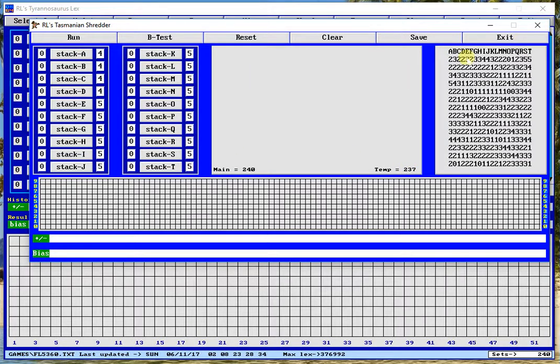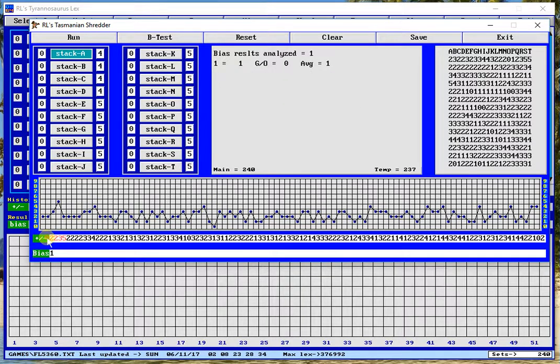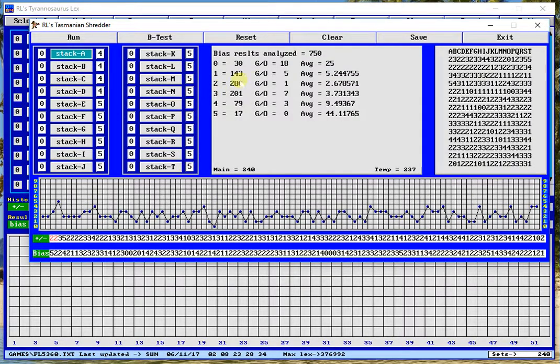These are basically the stacks of what has previously hit. So the stack filter A, if I push it, I can look at the bias on it the same way. This is a filter. So whenever I look at the filter, there's only a possibility of a 0 to a 5.